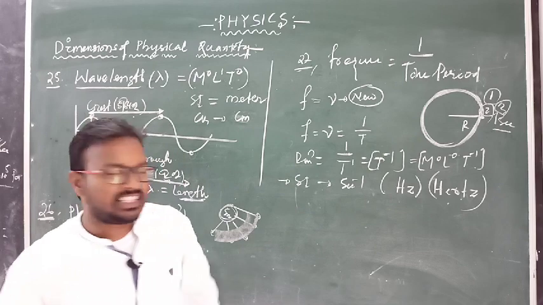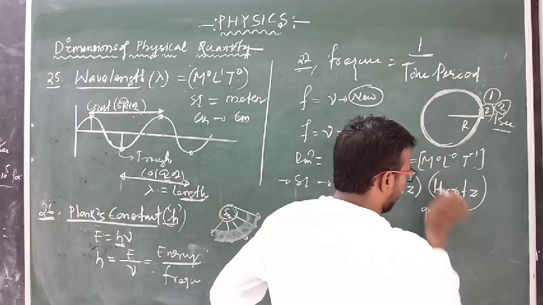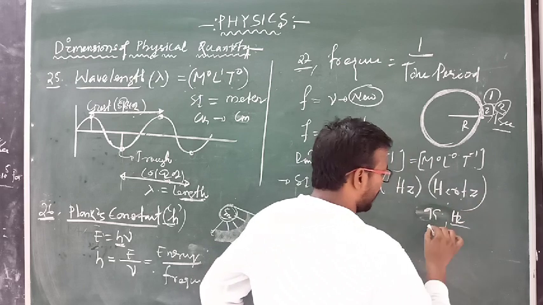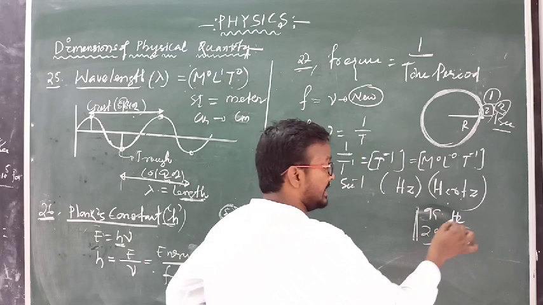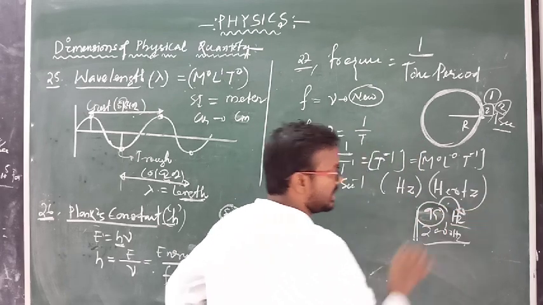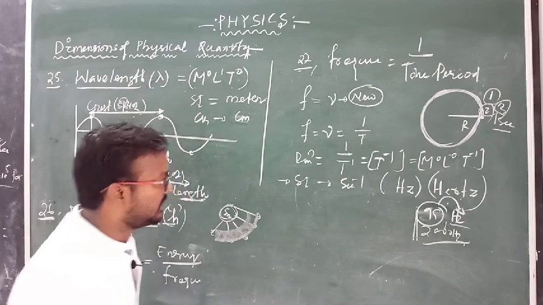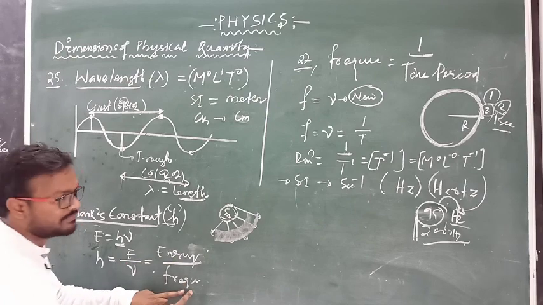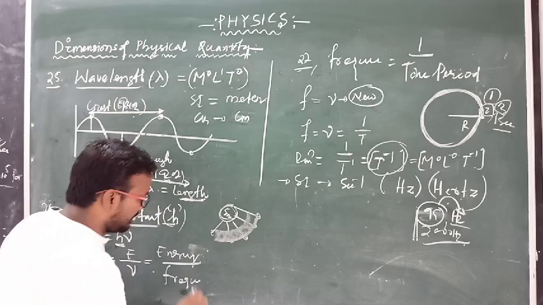The radio has a frequency, like 99 hertz, or 2000, or 200 frequency. This is the frequency, and its unit is hertz, or second inverse, and the CGS unit is also the same. So we use energy per frequency, where the dimensional formula of frequency is t minus 1.